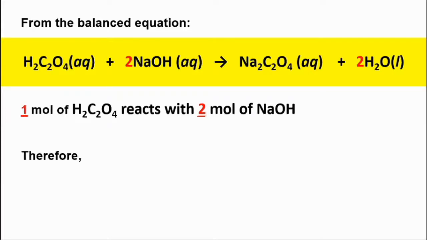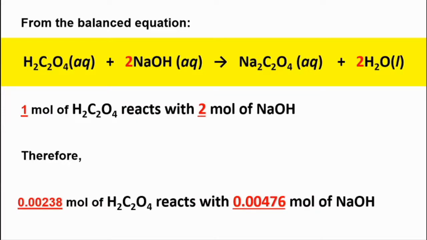Since we are using 0.00238 moles of oxalic acid, it reacts with 0.00476 mole of sodium hydroxide. So this is the mole of sodium hydroxide that reacted with 0.00238 moles of oxalic acid.